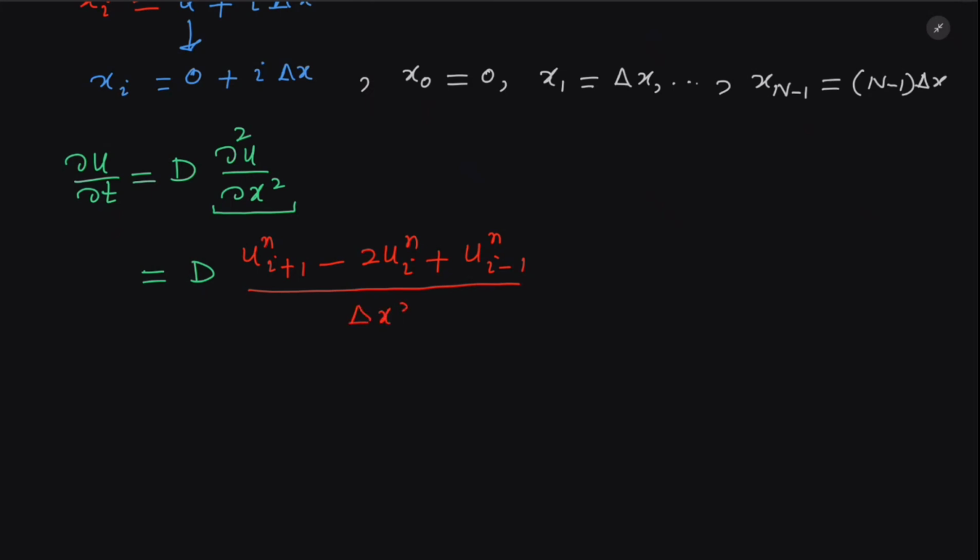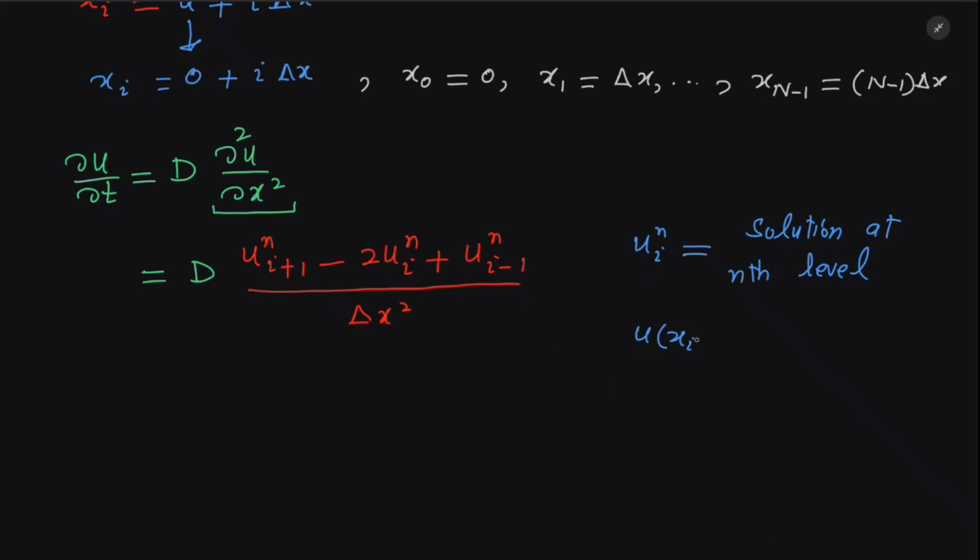delta x square. Remember that the notation u^n_i means the solution at the nth level, and at x equals x_i. When we have u of x, it means that the solution is continuous since x is continuous.